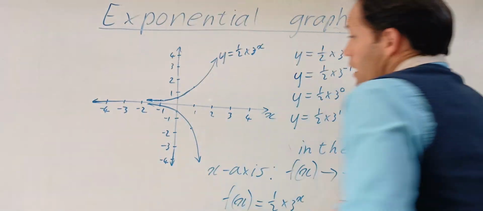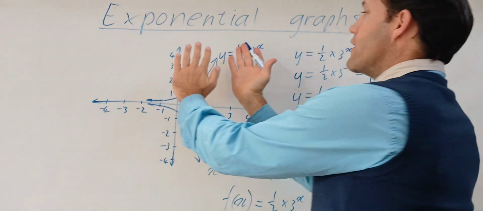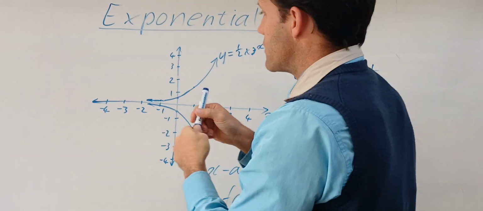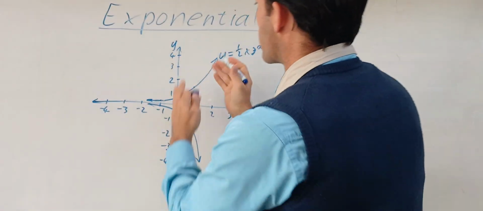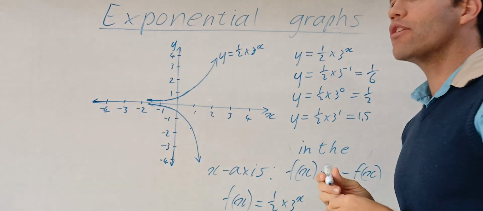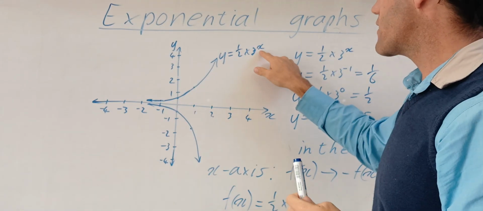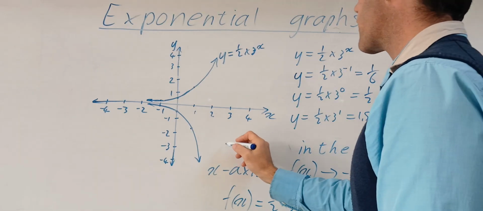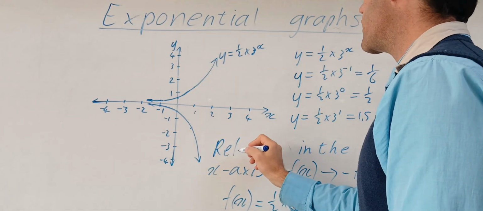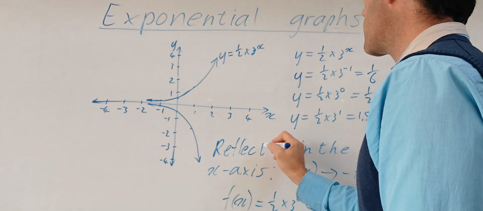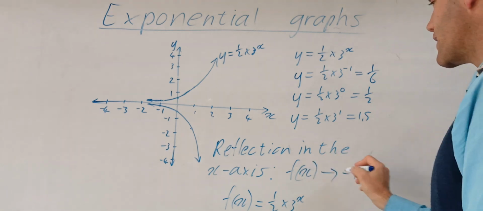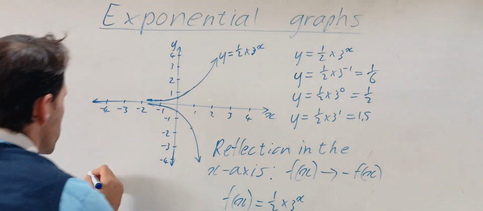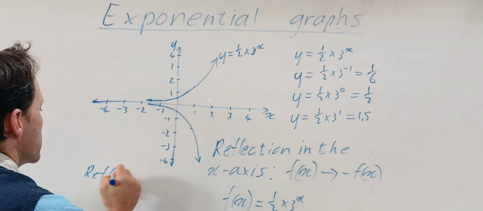The other option is to reflect in the y-axis. There's your y-axis. Reflecting in the y-axis, all you do is change the x to negative x. So: reflection in the x-axis, and now a reflection in the y-axis.